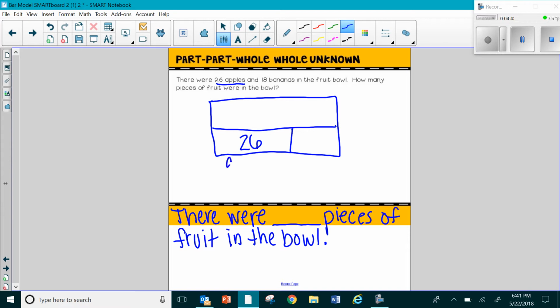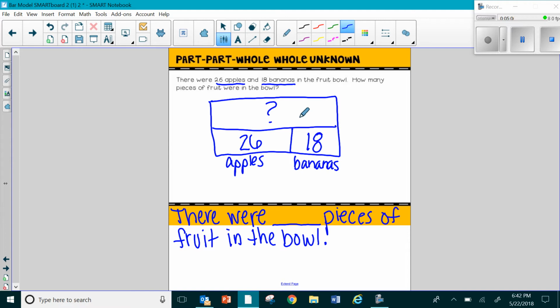And I'm going to label this one apples. And 18 bananas in the fruit bowl, so I'll label this bananas. How many pieces of fruit were in the bowl? And I'm going to put a question mark there.